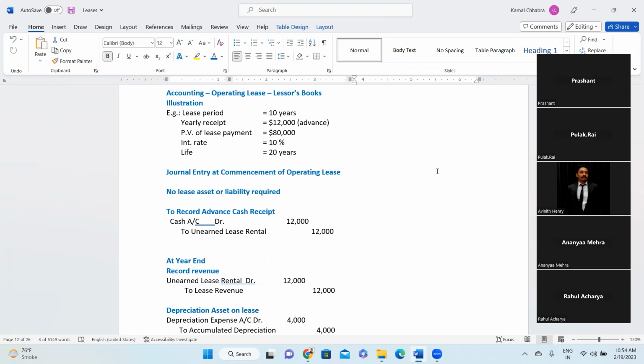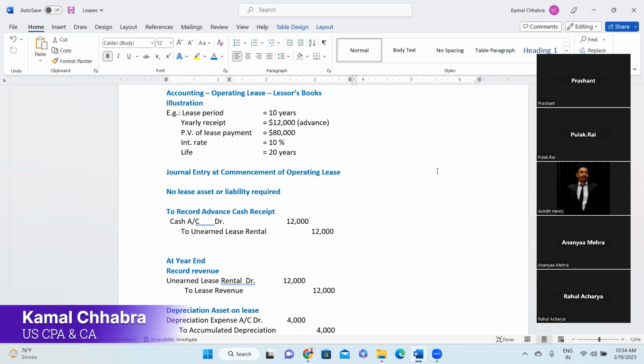The first statement says no lease asset or liability is required. So what is lease liability? Lease liability is the present value of the future payments of lease plus any guaranteed residual value. That's what we understand, right? So we are not required to recognize the lease liability. But this is your unearned lease rental, your advance from customer category. They are two different things.